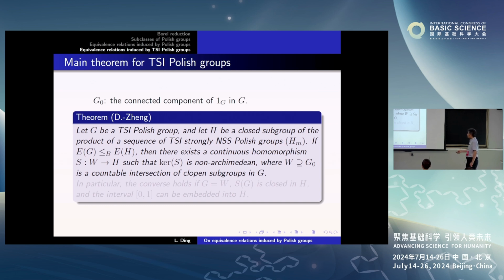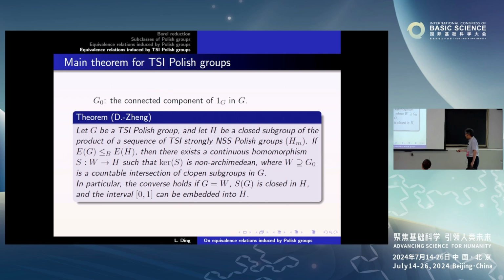W is a countable intersection of clopen subgroups in G. So this term is a little bit complicated. Moreover, the converse is also true.